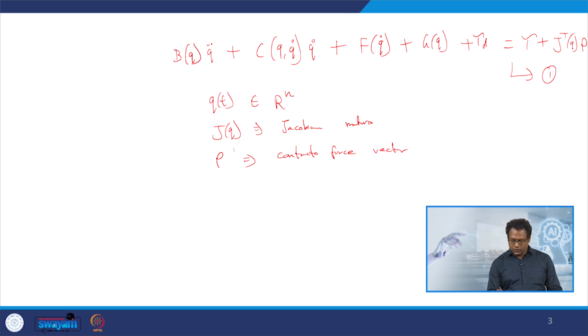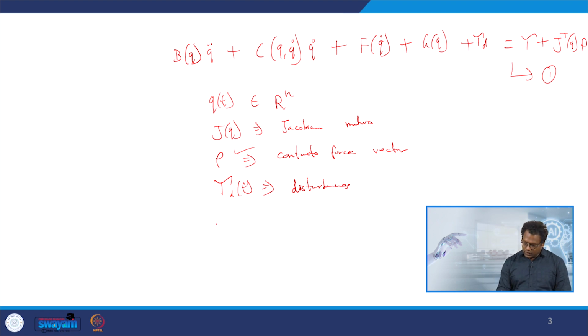Rho is a force vector which is represented as a vector of contact forces exerted normal to the surface, and it is described in the coordinate system relative to the surface. And tau d of t, as it is indicated with the d subscript, is representing disturbances.